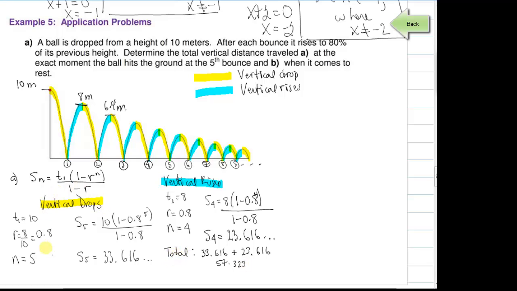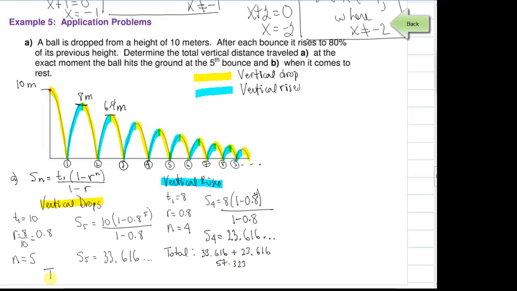Okay? Now, some of you may have noticed that there is an easier way to work this out. If you can figure out what your vertical drops are, your vertical rises are 10 meters less than that because we just don't have this first 10 meter drop to consider. So 10 less than 33.616 is 23.616, and then you can add those two up to get the 57.323.